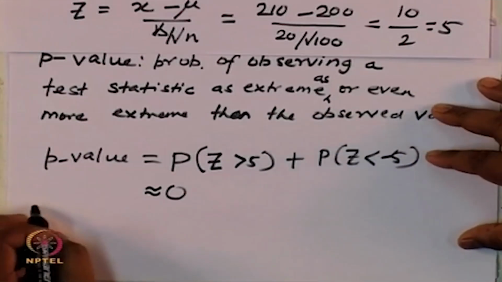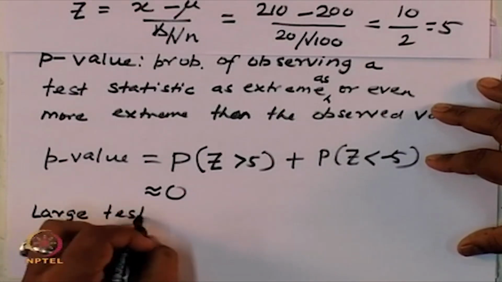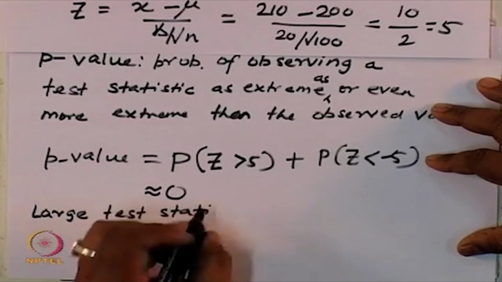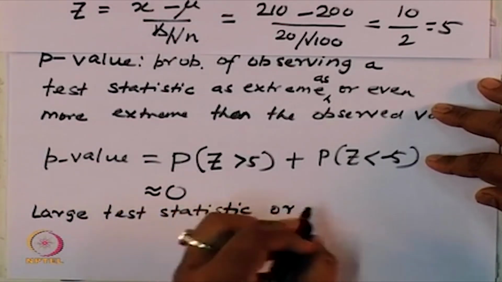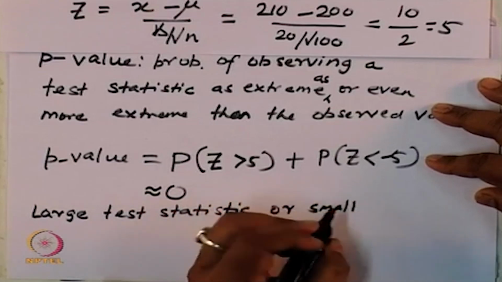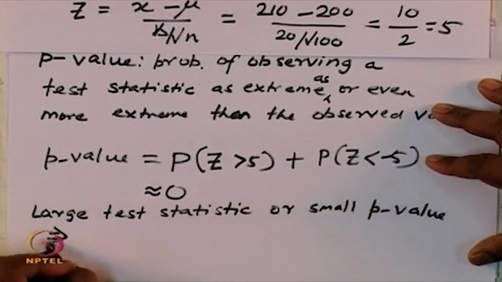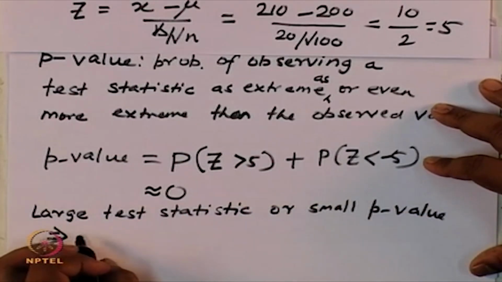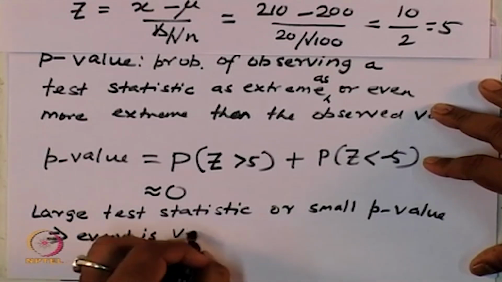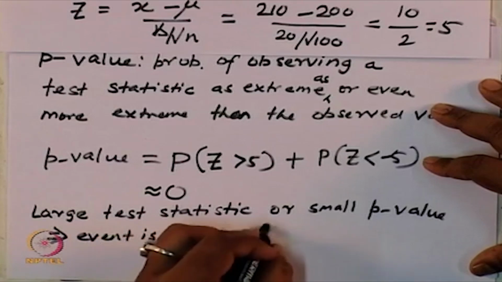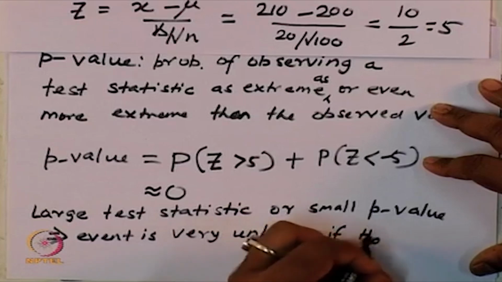So, if you have a large z value, a large test statistic, or a small p value, it would indicate that the event is very unlikely if H naught is true.